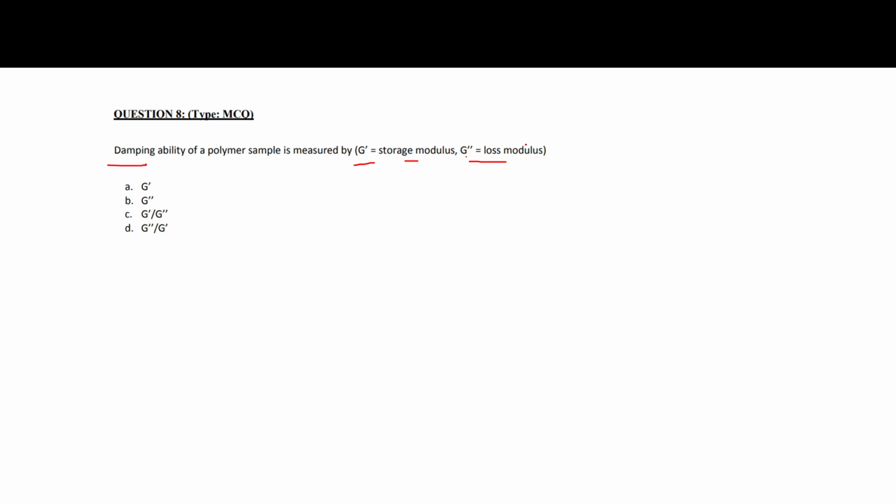If the loss modulus is higher, the damping property of the polymer will be much better. So the polymer needs more viscous property to have better damping property. Option D is the right answer.